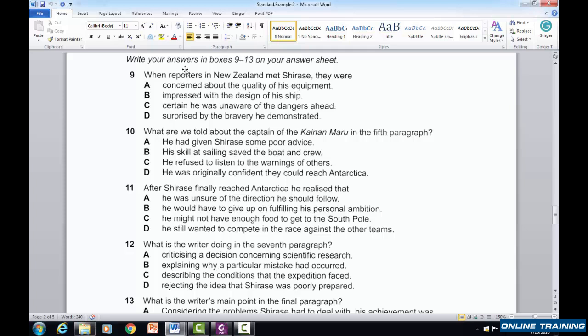That's a really good word to be able to find. 10 is easy to find because of the word Kainan Maru. I think the word Antarctica is everywhere. I don't know yet because I haven't looked at it. Number 12, easy to find because of 7th paragraph. And number 13 tells us it's in the final paragraph. So for this one, they pretty much have made it a little bit easier to find.